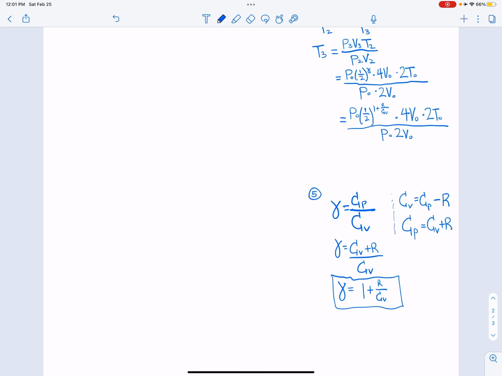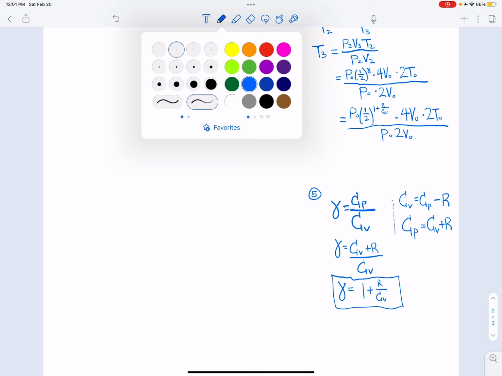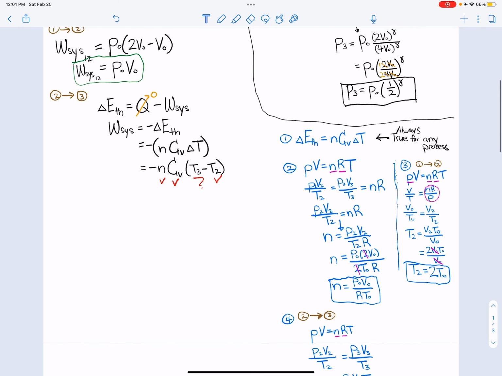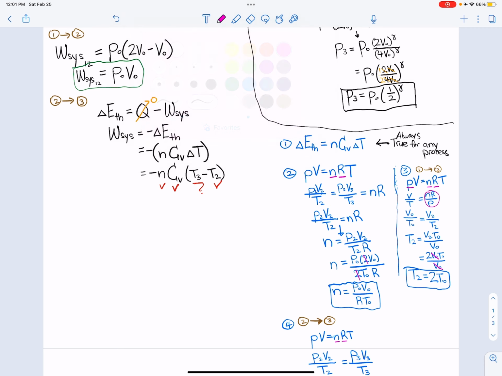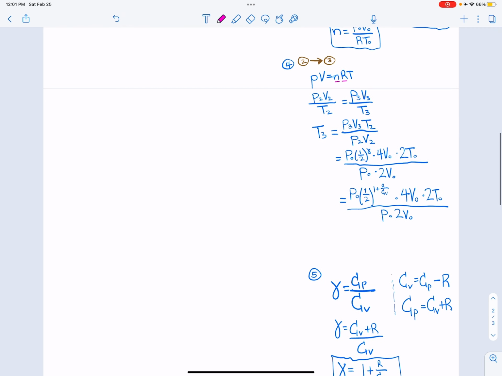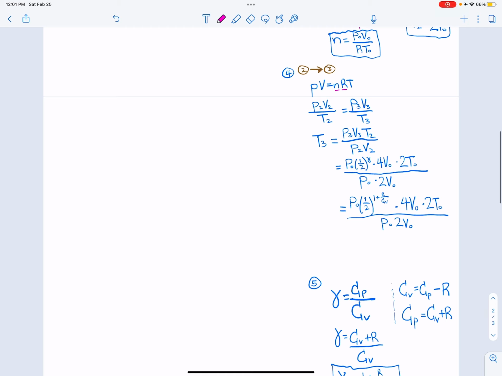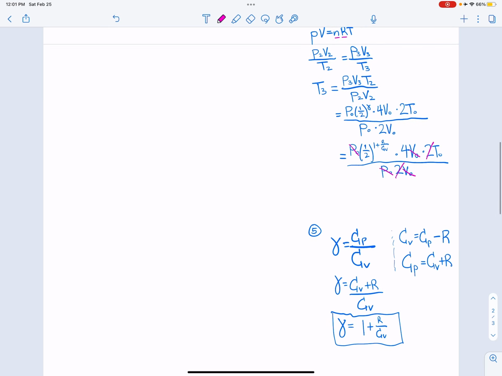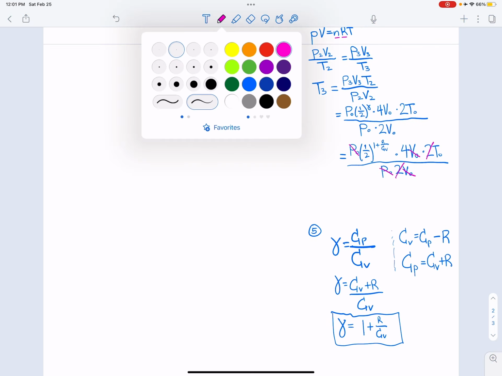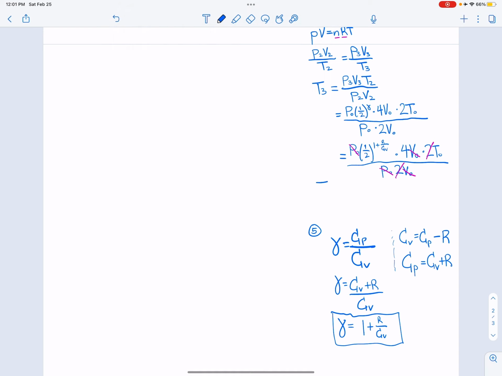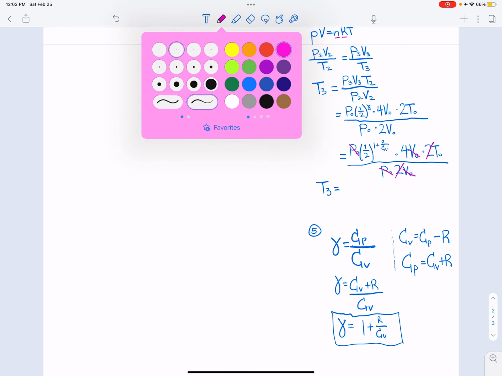And I could cancel things out. I used pink to cancel out, so stay consistent. So I could cancel out my P naught, 2, and V naught. Then I would be left that T3 is equal to, oh, I could also cancel this out, 4 and 2.